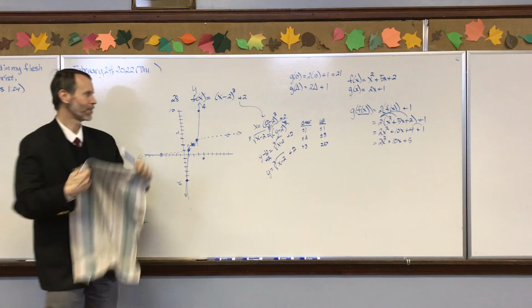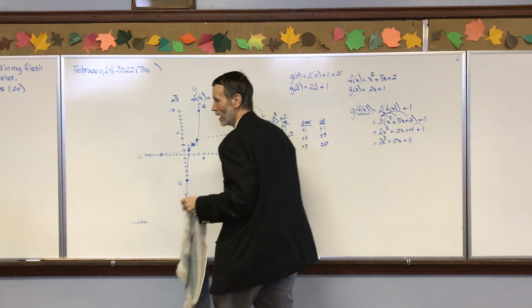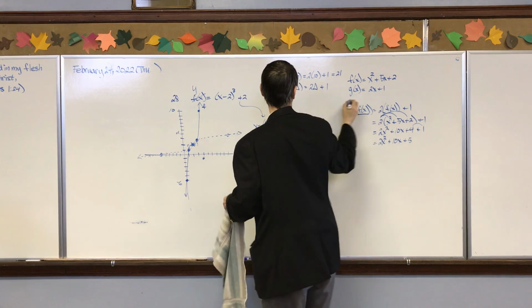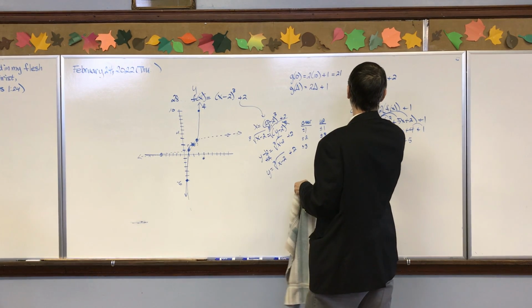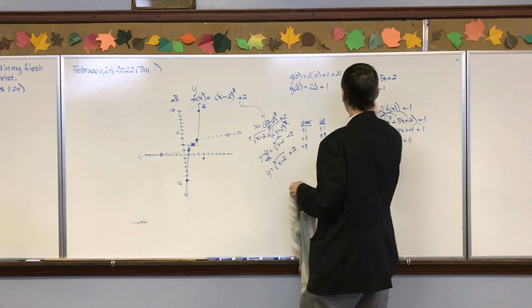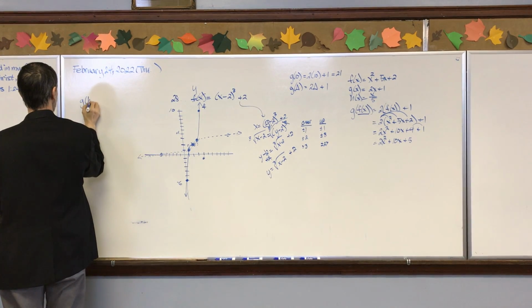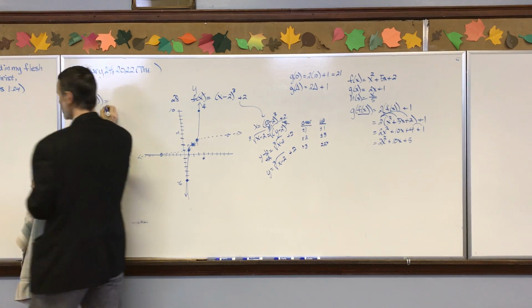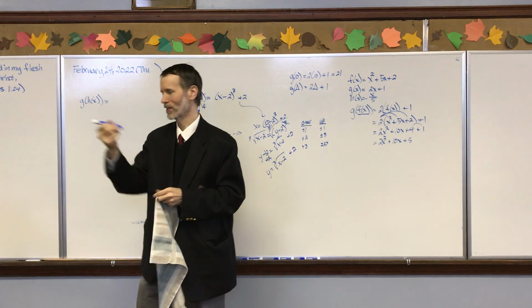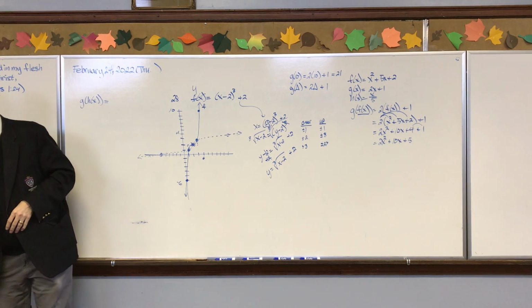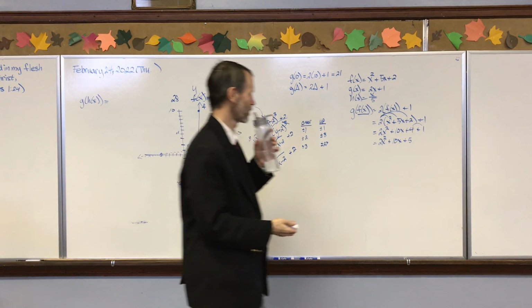Yes. G of h of x. Let me put h of x up there. H of x is x over 5, is that right? Okay. So g of h of x looks like this. What does g do to its inputs? Nate, help me out. When you plug something into g, what happens to it?